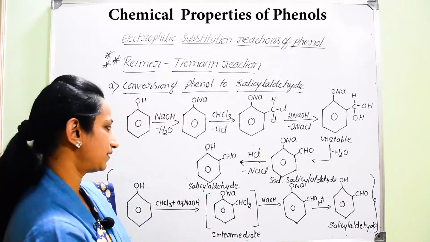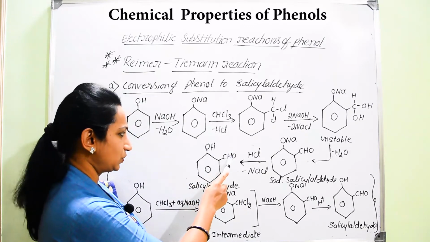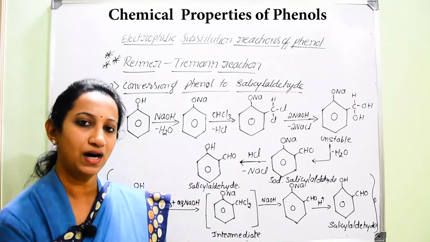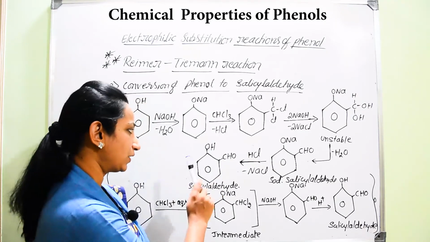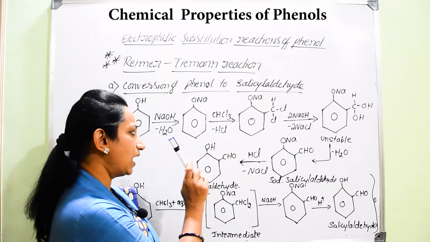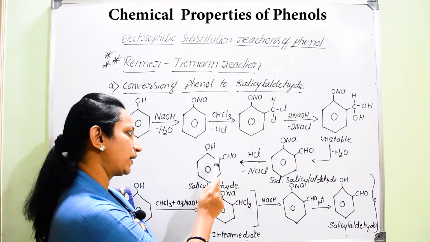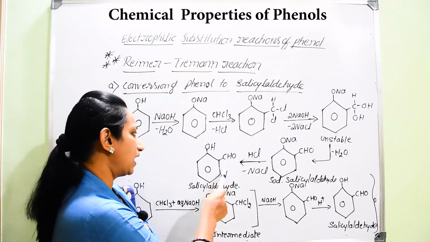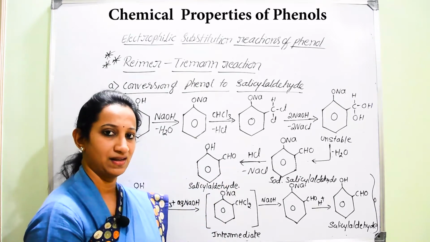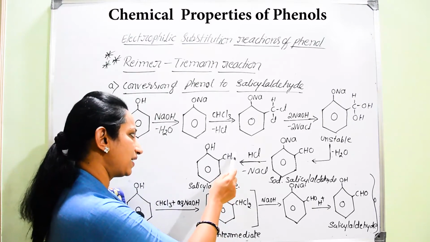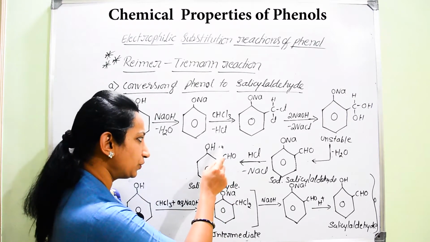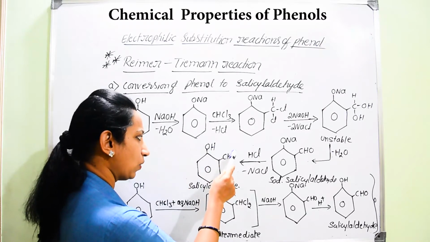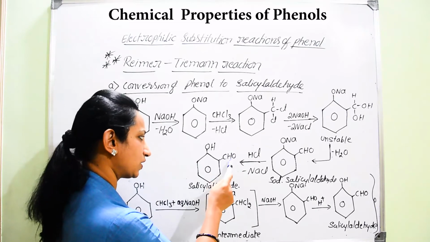Of course, you can consider we are going to get that substitution of the CHO group at the ortho position but not at the para position, because among ortho salicylaldehyde and para salicylaldehyde, your ortho product is highly stable because here it gives a chance for the formation of a hydrogen bond between the hydrogen of the OH group and the O of the CHO group, that is the oxygen of the CHO group.